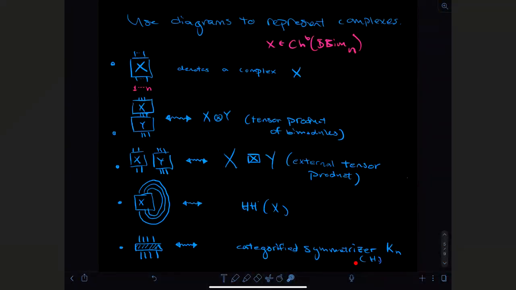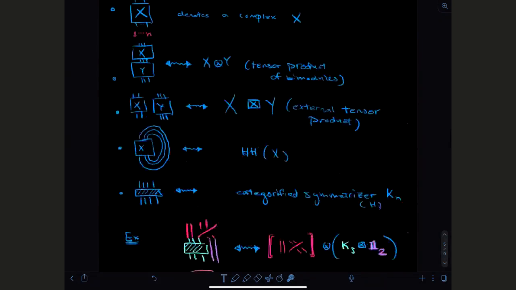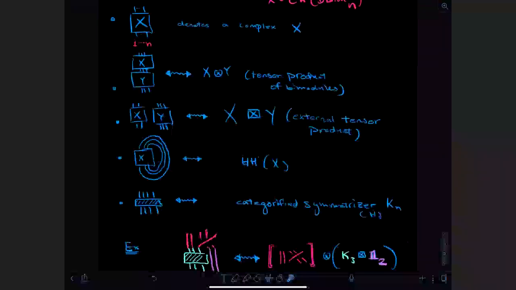Just to illustrate how some of this gets used in practice, here we have a diagram, with various parts color-coded. On the top, we see a braid. That braid represents a chain complex, namely the Rouquier complex of that braid. On the bottom, we see a symmetrizer and an identity.